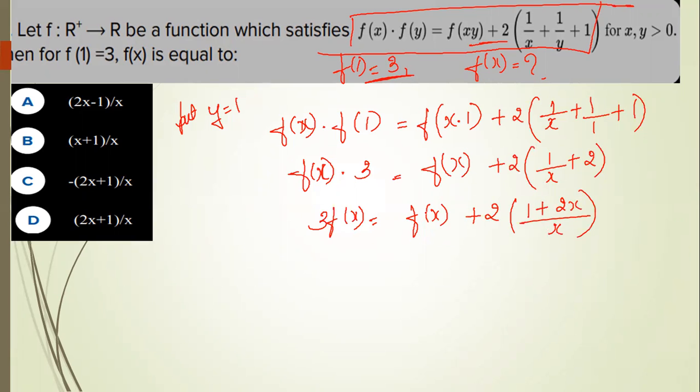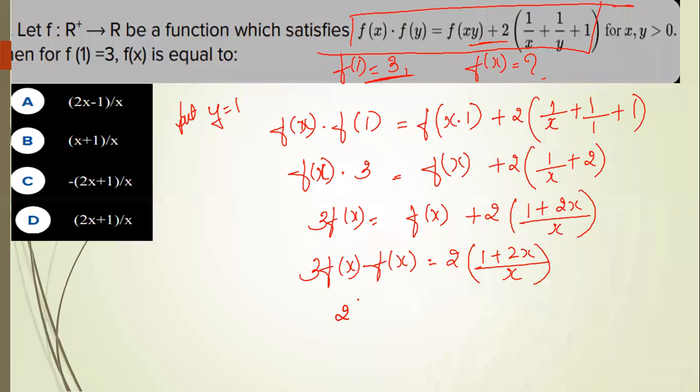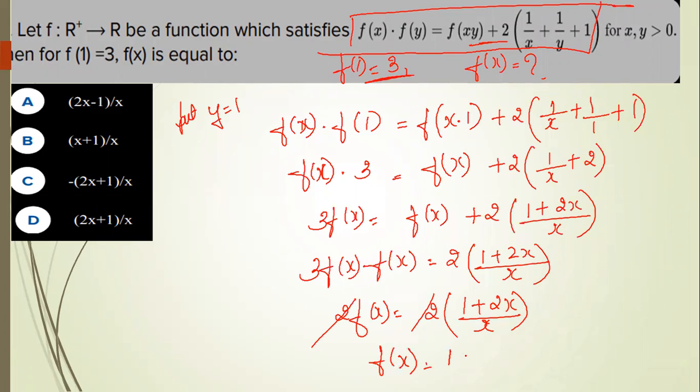If you take this f of x to the other side, it is 3 f of x minus f of x is equal to 2 into 1 plus 2x divided by x. So 2 f of x is equal to 2 into 1 plus 2x divided by x. So the 2 cancels, and f of x is nothing but 1 plus 2x divided by x, that is 2x plus 1 divided by x.